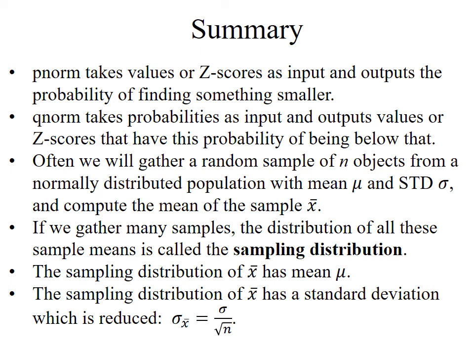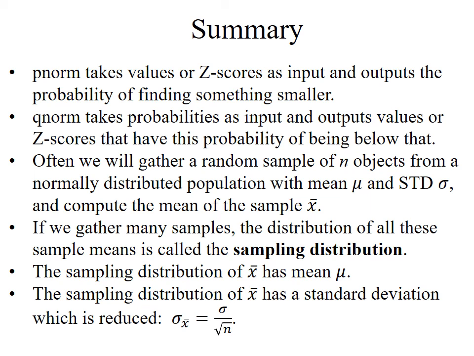Oftentimes, what we're going to do is gather a random sample of n objects from a normally distributed population with some mean mu and standard deviation sigma, and we will compute the sample mean. We'll call the sample mean x bar, an x with a line over it. If we gather many, many of these samples, what we find is that all these x bars form a distribution, which we call the sampling distribution, and we find that the distribution of all of these is beautifully normal.